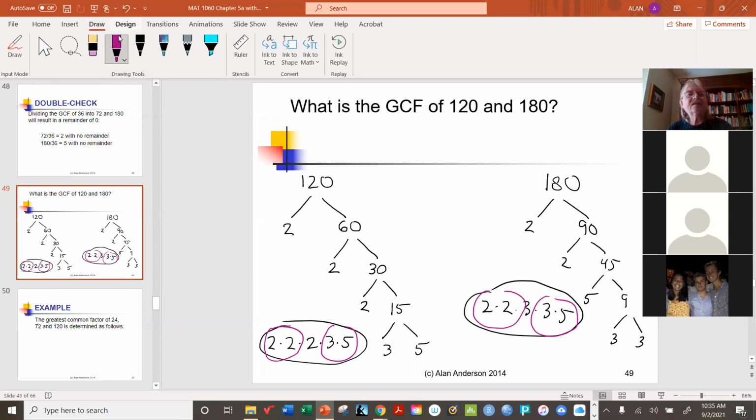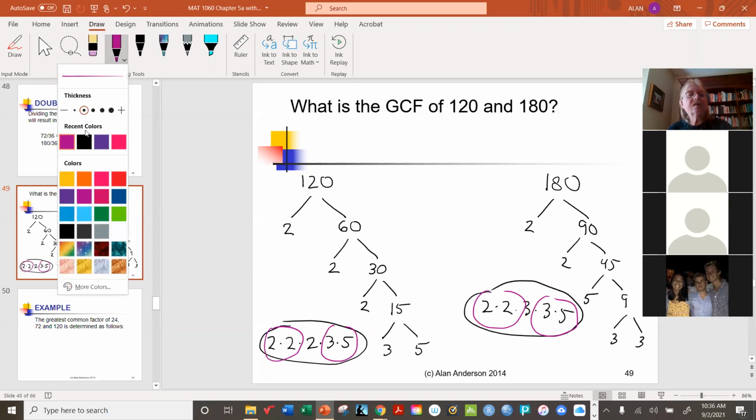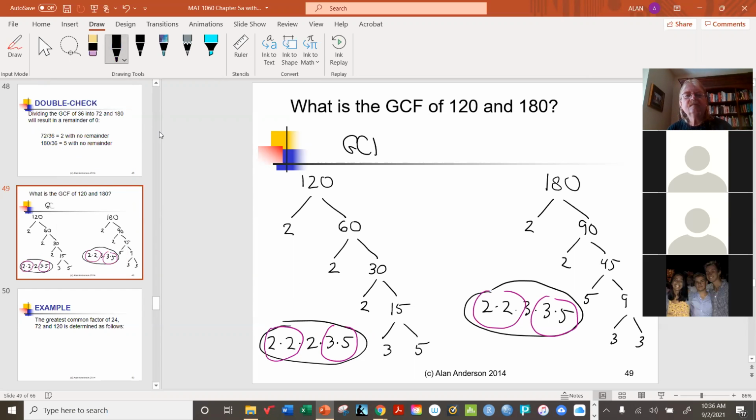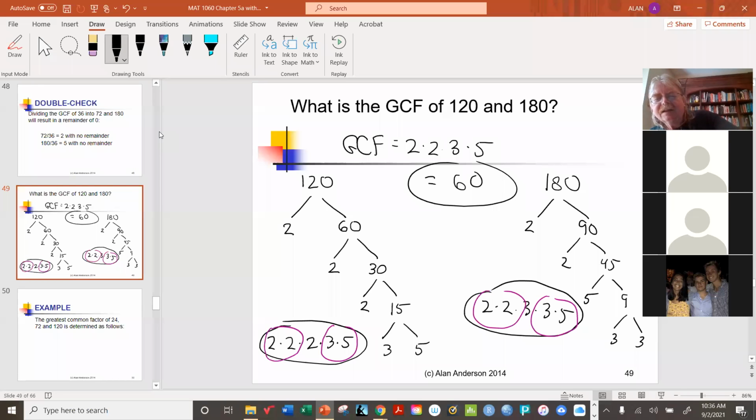So the greatest common factor is the product of those terms, 2 times 2 times 3 times 5, which is indeed 60. And we're done. Wow, that's nice and easy. So this is one way you can do this. It's not the only way, of course, but I think it's probably the most efficient way.